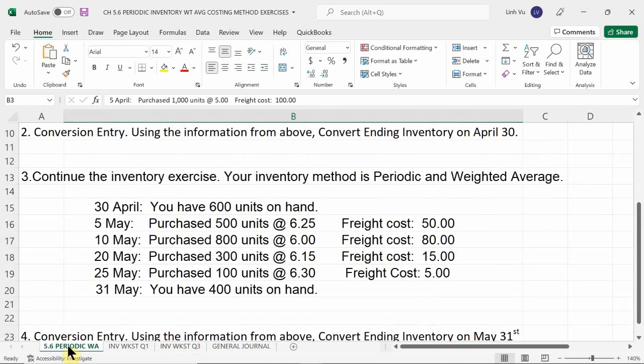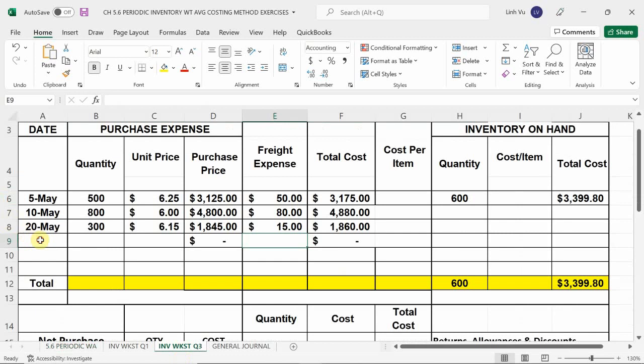Last batch of inventory that we bought was a purchase of 100 units at $6.30 with a freight of $5. So in this case, we plug in our numbers for May 25th. We purchase 100 units at $6.30. Gives us 630 plus 5, 635.